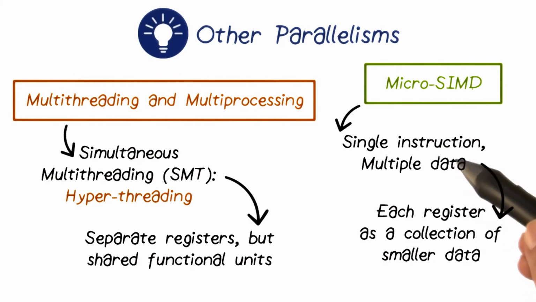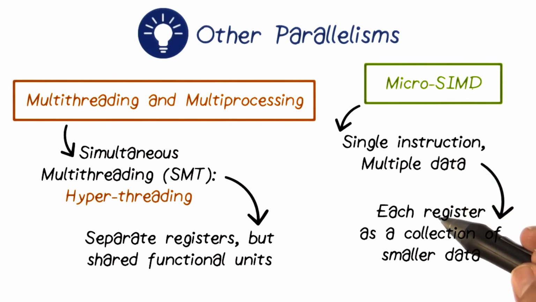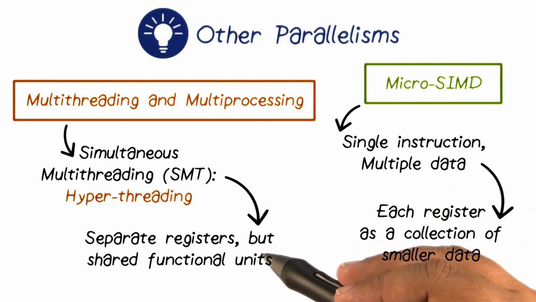So this instruction operates on multiple data but inside a single register, and that's why this is energy efficient over vector processing. As the workloads keep increasing in embedded systems, for example, many modern smartphones now need a lot of processing power on multiple pieces of data. So the solution of micro-SIMD is slowly being adopted in many embedded processors, especially those deployed inside smartphones.